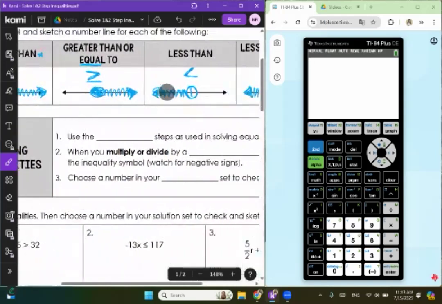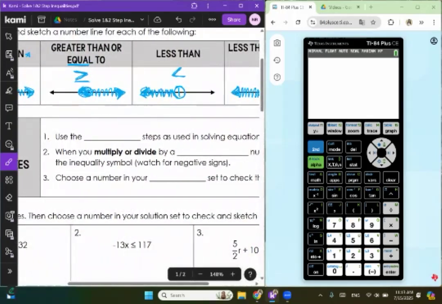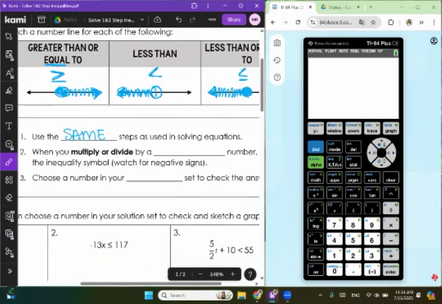Anyway, to solve an inequality, you use the same steps as used in solving equations. But the biggest difference, and I'm going to go ahead and put a star here on step 2, is whenever you multiply or divide by a negative number, the inequality symbol must be flipped.